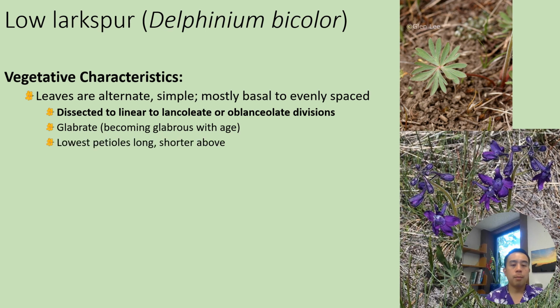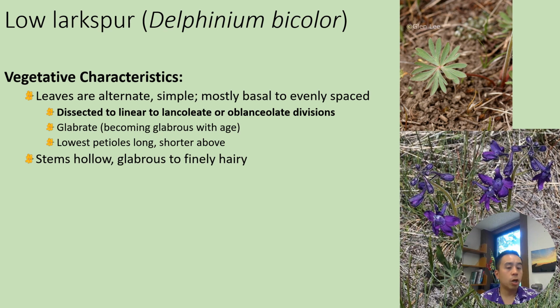The lowest petioles are often long, and then petioles higher up can sometimes be shorter. The stems are hollow, which is not necessarily characteristic of forbs. The stems can also range from being glabrous, which is no hair, to finely hairy. And so there's some variation there on the stems.